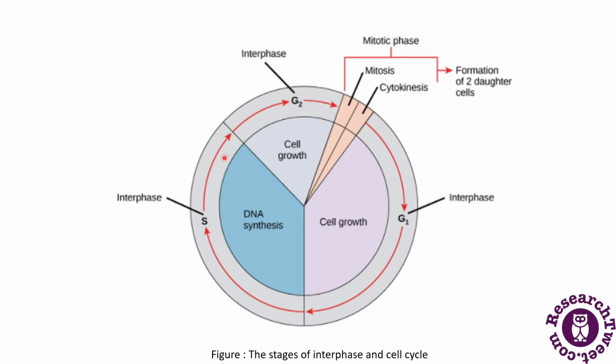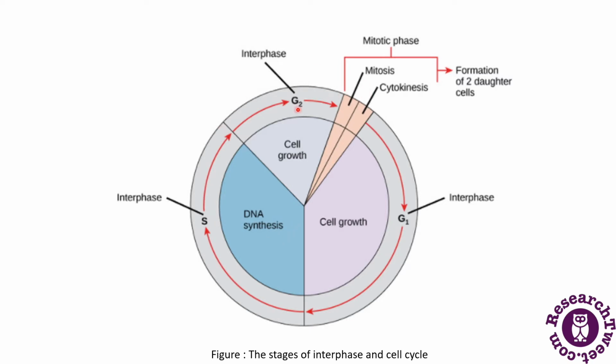So before starting with the first gap phase, we will see how a cell cycle is running in the cell basically. So here this is the G1 phase where the cell growth occurs. This is the part of the interphase only. Then comes the S phase, that is where the DNA synthesis takes place.